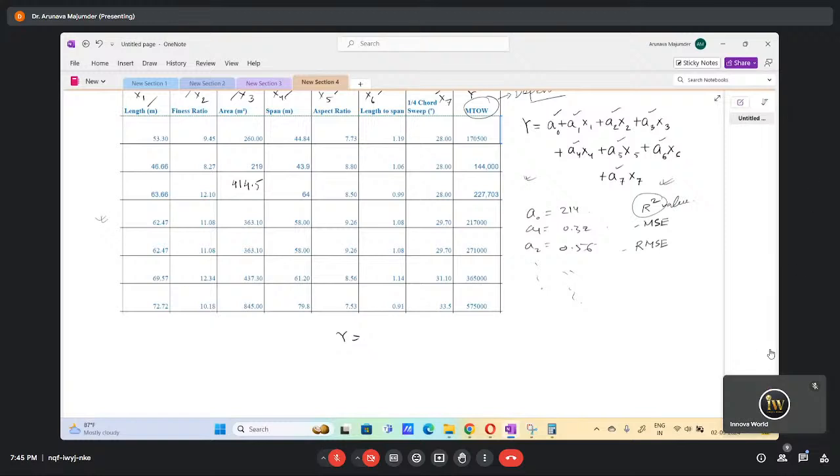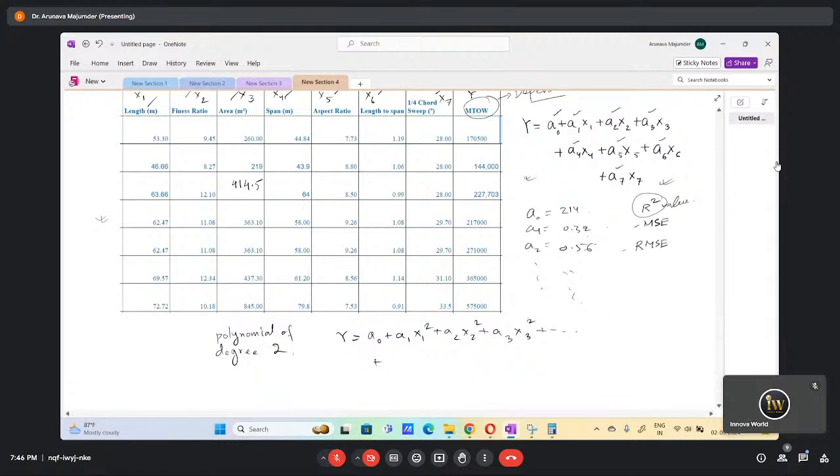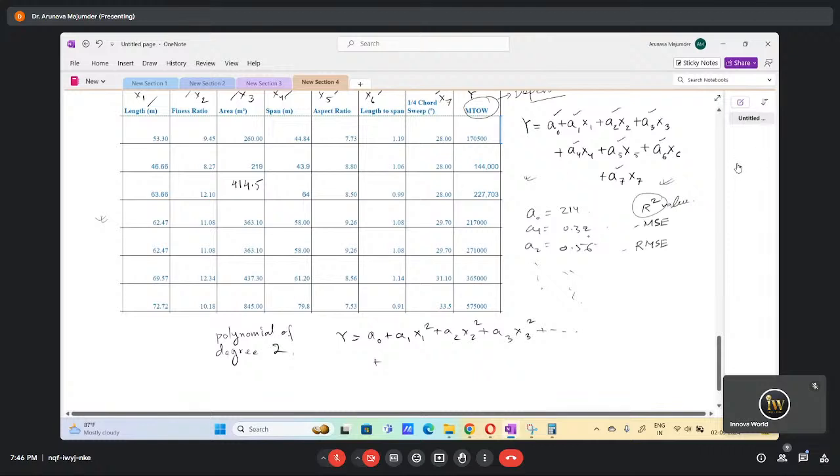If we choose to build a polynomial of degree 2, we can create the model like this: a0 plus a1 x1 square plus a2 x2 square plus a3 x3 square and so on, plus b1 x1 x2 plus b2 x2 x3 plus b3 x1 x3 plus b4 x1 x4, and whatever combinations are there.